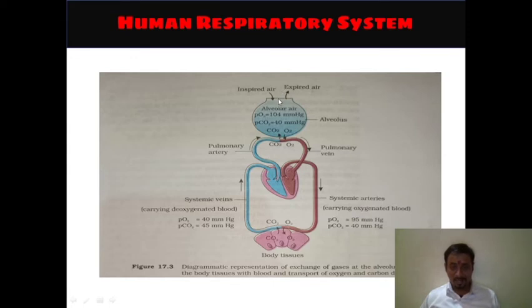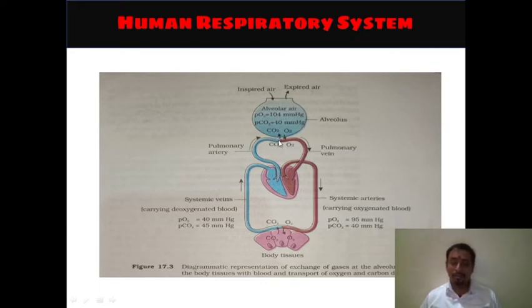Here inspired air and expired air both are shown and the pressures are also mentioned. Alveolar air PO2 is 104 mmHg, meaning the partial pressure for oxygen in alveoli is 104 mmHg, while PCO2 is 40 mmHg inside an alveolus.